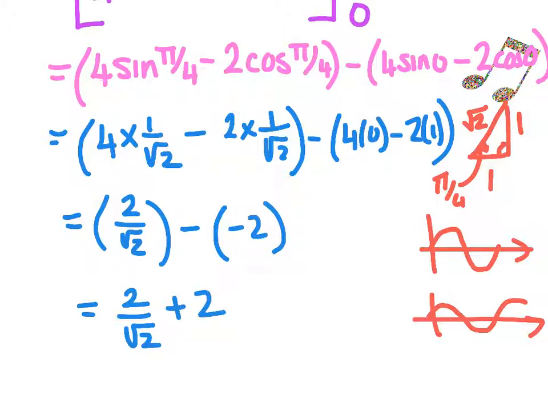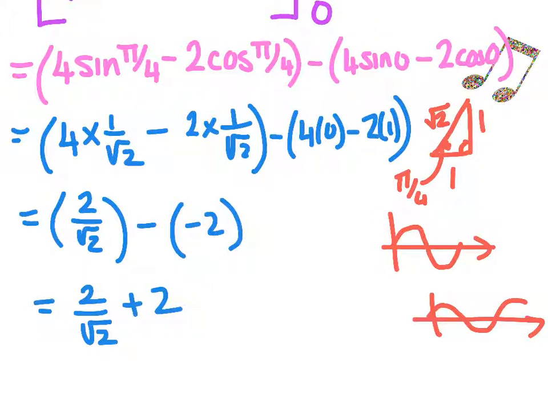Now, this is the answer, but to tidy it up, really we want to rationalise that denominator. So remember, that means we don't want a surd on the bottom. So to get rid of the surd on the bottom, we multiply that whole fraction by root 2 over root 2, which is just 1. Anything over itself is 1. But the thing about multiplying that is I'm going to be able to multiply the root 2 times root 2, and that will give me the actual number 2.